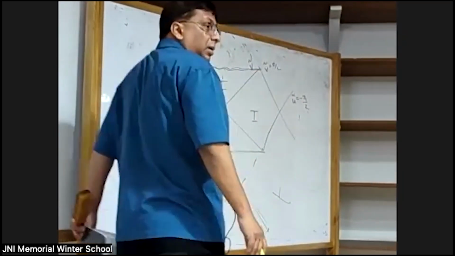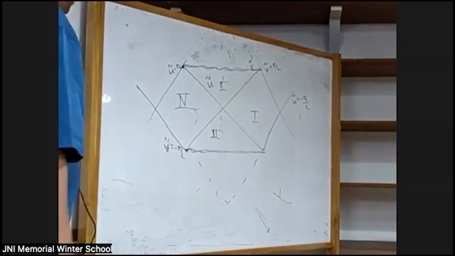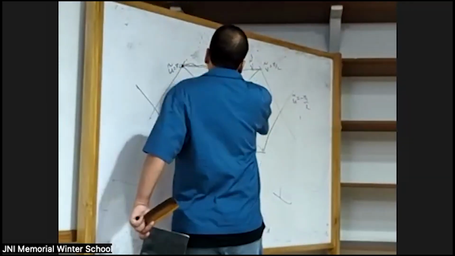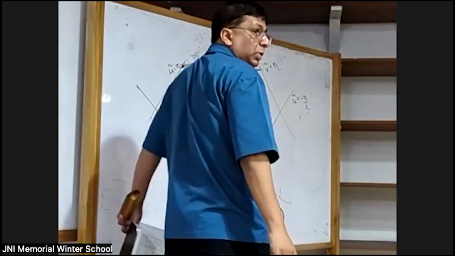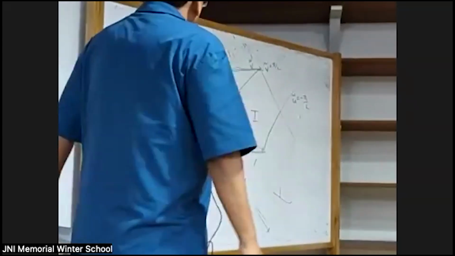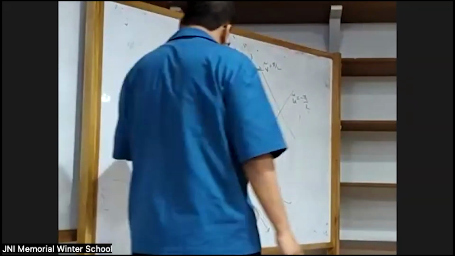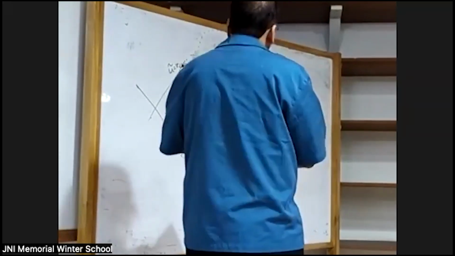Now the black hole part is being cut off because I have r is equal to 0 here, and that's my Carter-Penrose diagram.